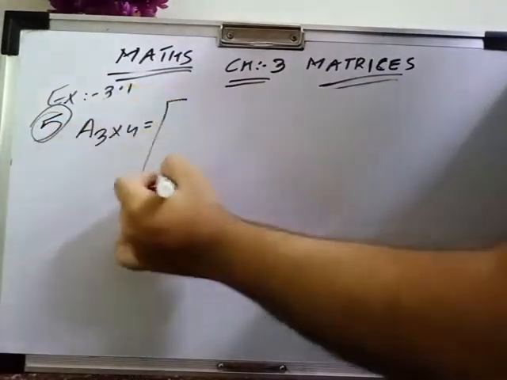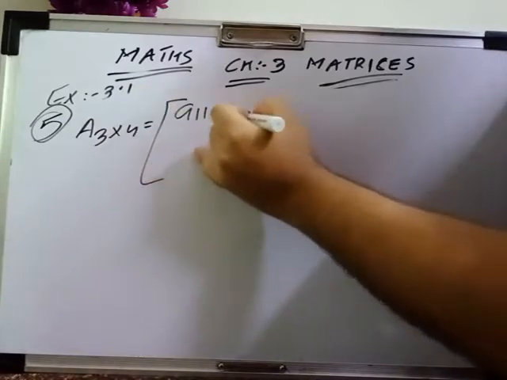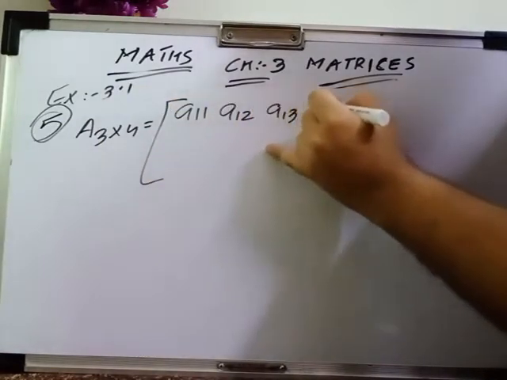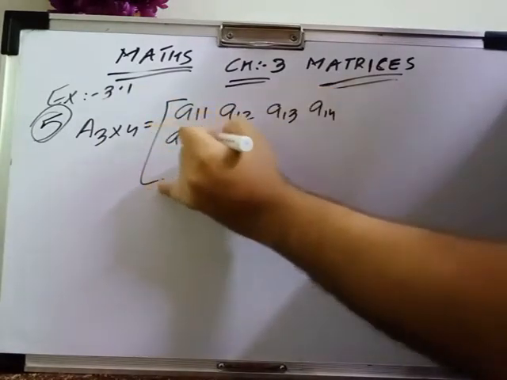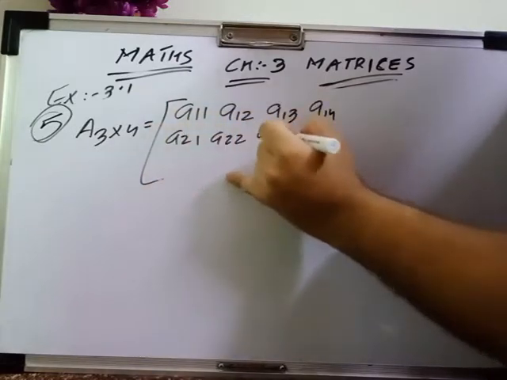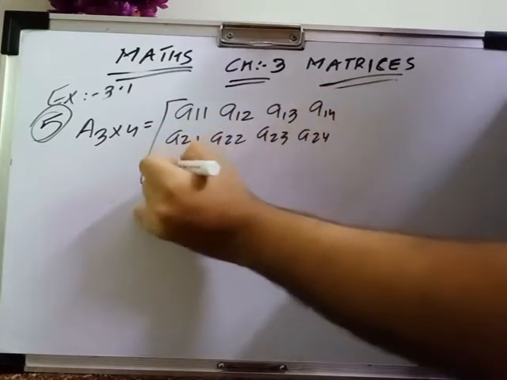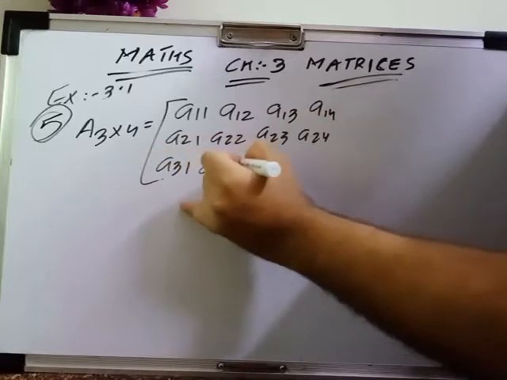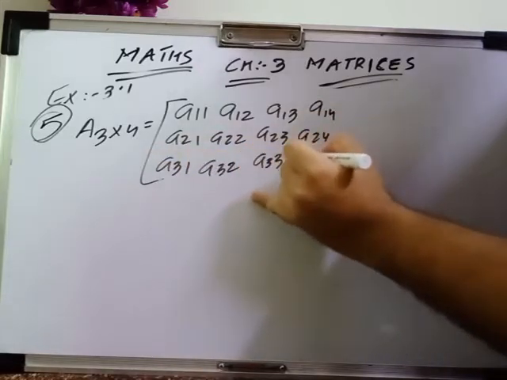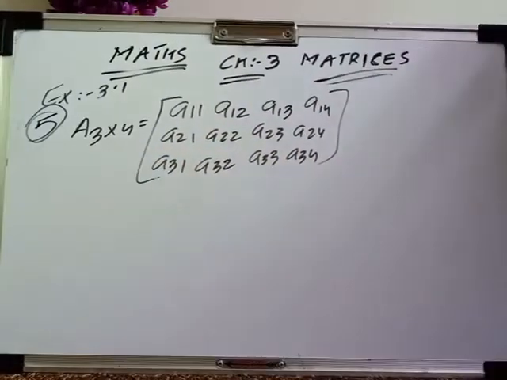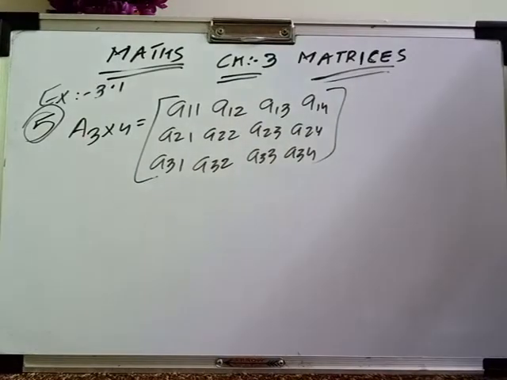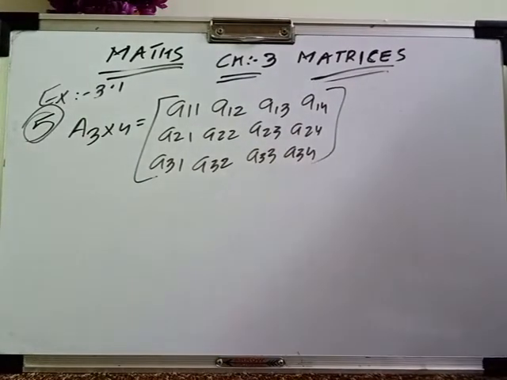So it will have A11, A12, A13, A14, A21, A22, A23, A24, A31, A32, A33 and A34. In total we will have 12 elements, right?